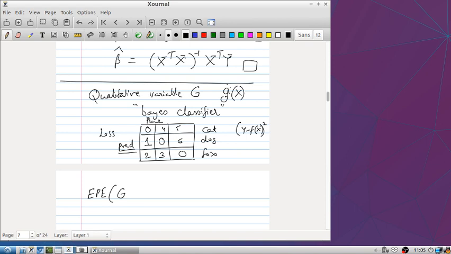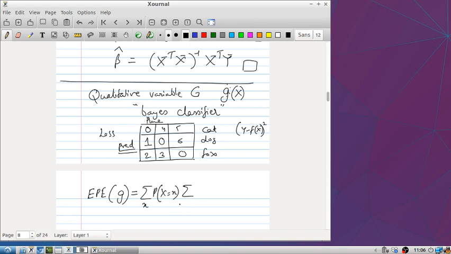Here it's synonymous to f. f is, let's say, continuous, for a quantitative variable; g is for qualitative. It's a similar thing. So the EPE for any prediction function g is going to be the same thing as before: sum over x of p of x is equal to x, and instead of y, there are going to be the values that g takes.